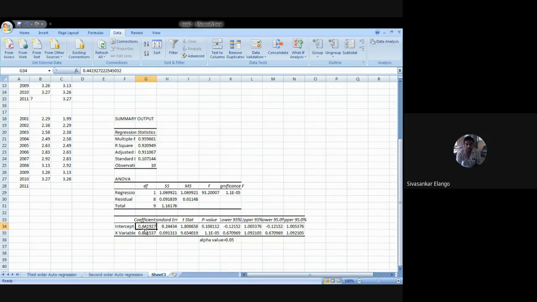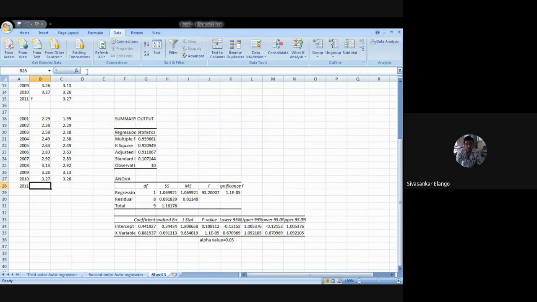So based on the intercept value, the x variable and the previous value, we'll be able to calculate it. So the 2011 value is going to be G34 plus G35 star B27.